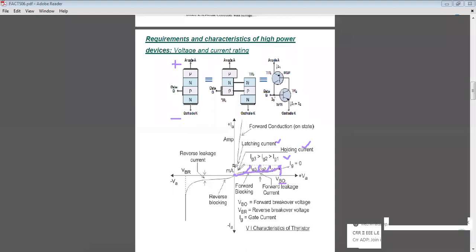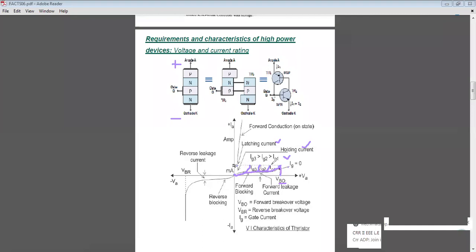Different thyristors will have different characteristics, and different manufacturers provide data sheets with these characteristics. Protection equipment details, everything will be given in the data sheets provided by that particular manufacturing company.